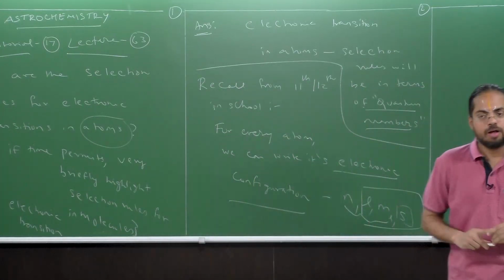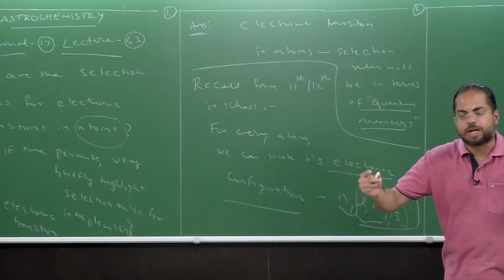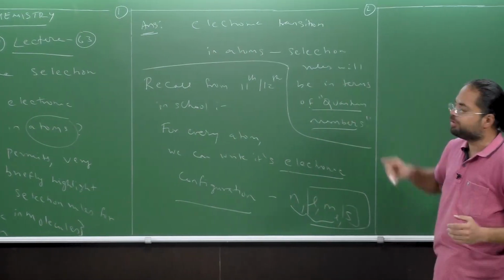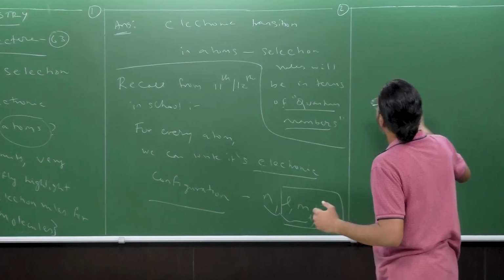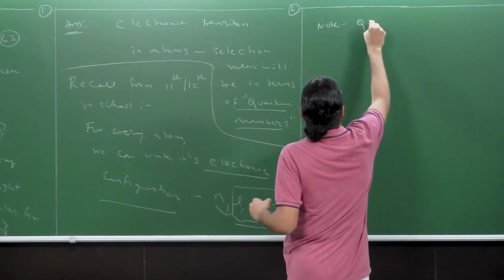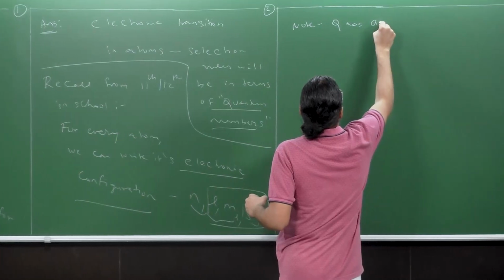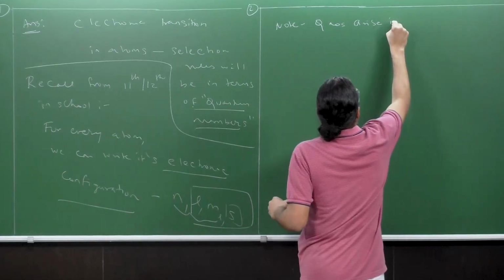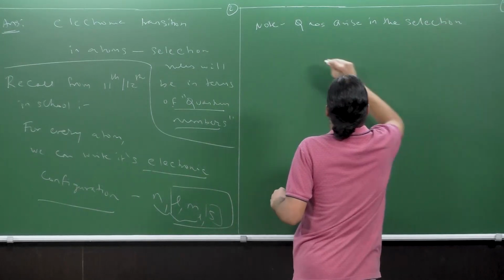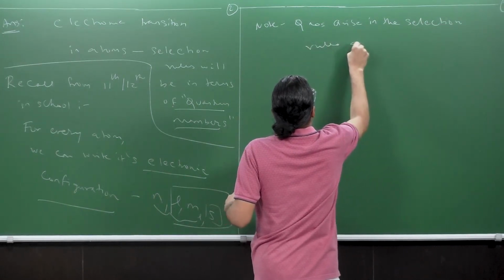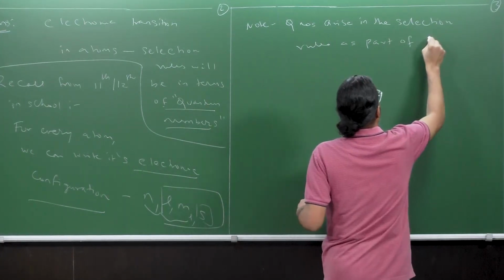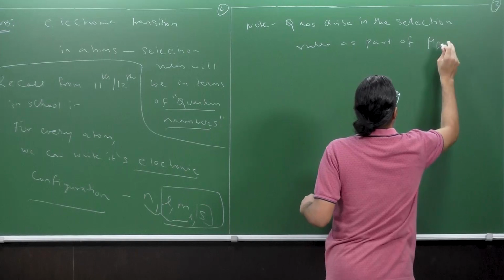Now, before I tell you anything, where do you think these quantum numbers come up in the selection rules? The answer is that quantum numbers arise in the selection rules as part of the dipole moment integral.